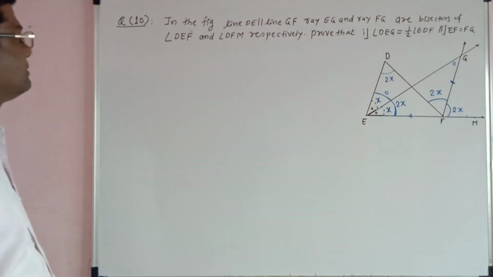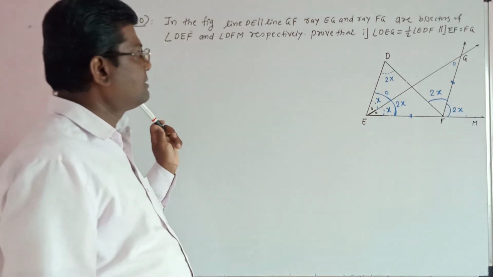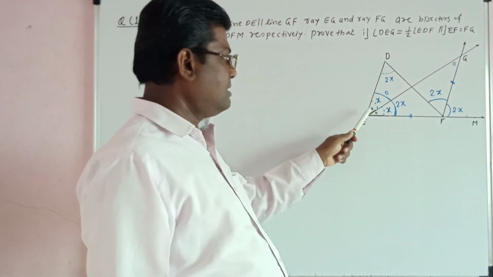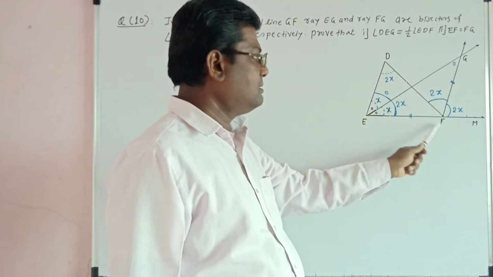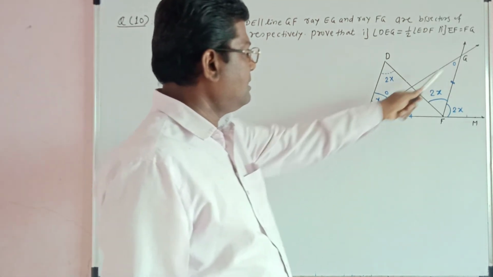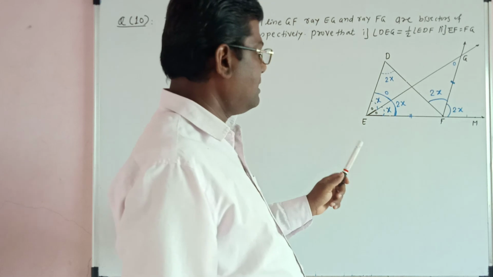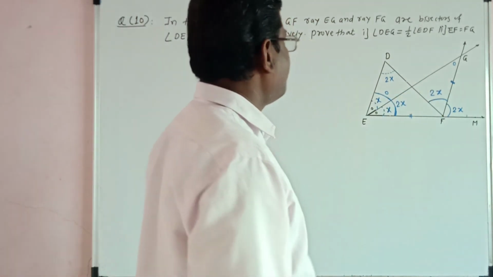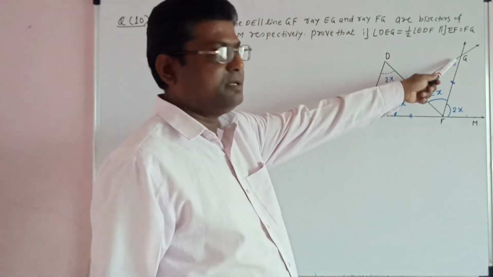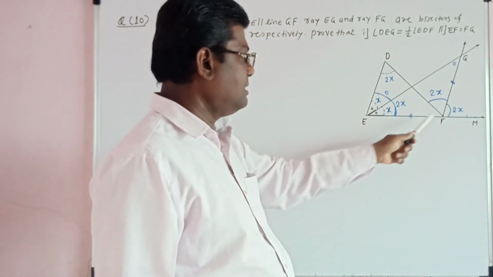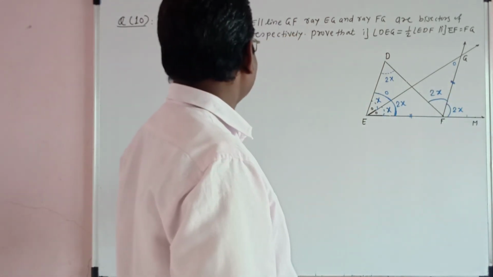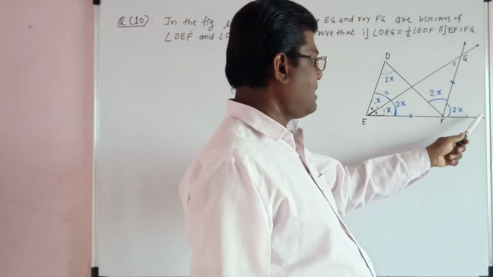Question number 10. In the figure, line DE is parallel to line GF. Ray EG and ray FG are the bisectors of angle DEF. Ray EG is a bisector of angle DEF and ray FG is a bisector of angle DFM.